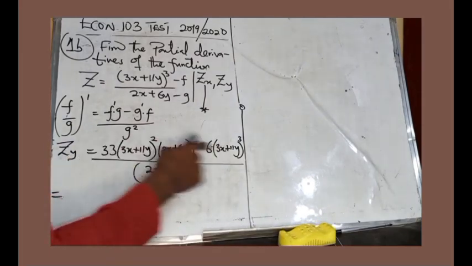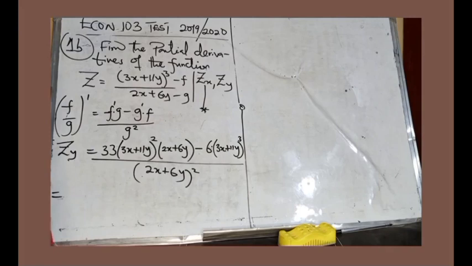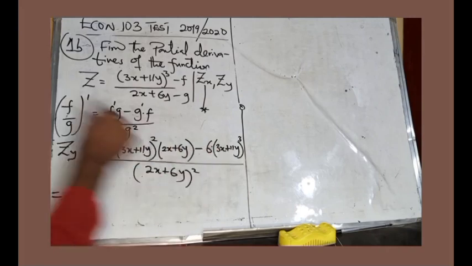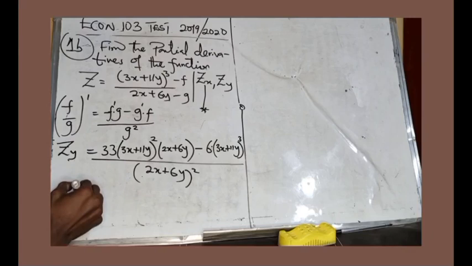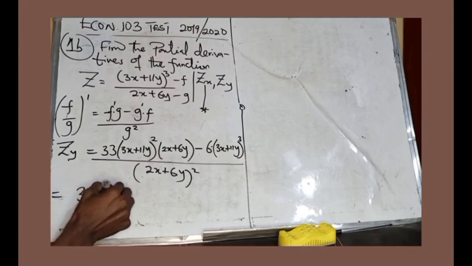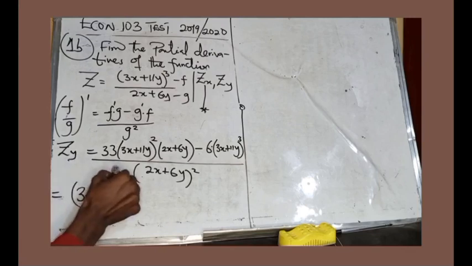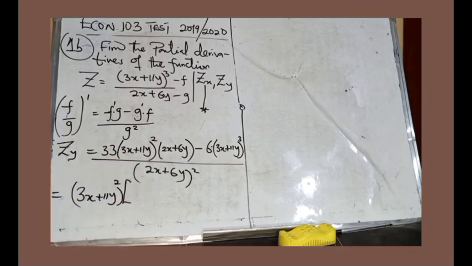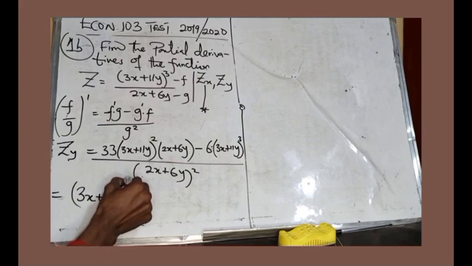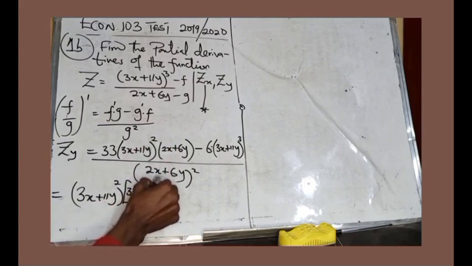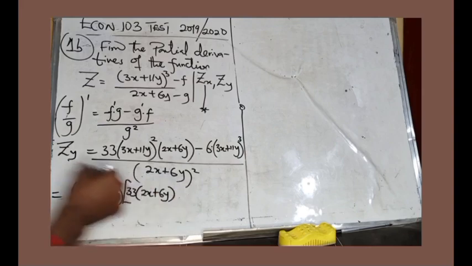What's common here? If you observe, guys, this one and this one are common. This is square, this is cube, so I can factor out the one that has square, which is 3x plus 11y all square, open bracket. Inside I have 33 multiplied by 2x plus 6y.